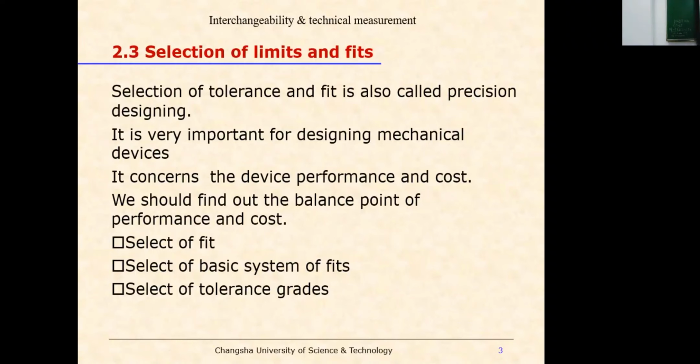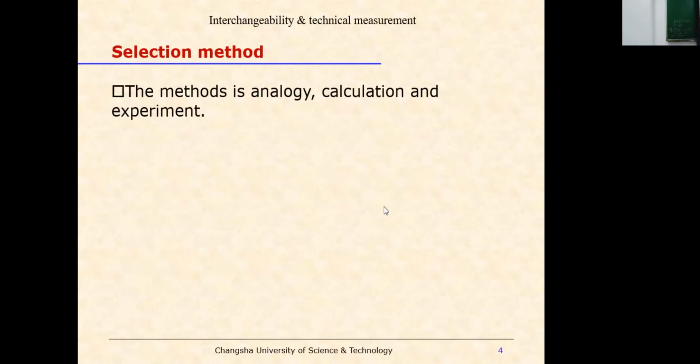The hole basis and the shaft basis, just the two, right? And select a tolerance grade, like IT10 to IT18, right? 20 grades. And in this class we learn how to choose that.